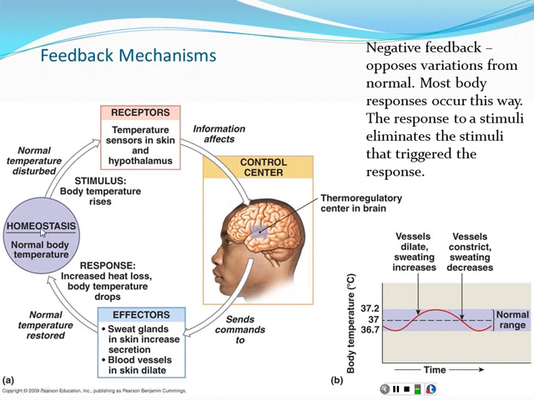Normal body temperature, 98.6 degrees, right? Well, if you go outside without a coat today, eventually that temperature is going to decrease. And there are receptors in the skin and in the brain that detect that change. It sends a signal to the brain, and the brain responds by triggering heat conservation and heat production changes.